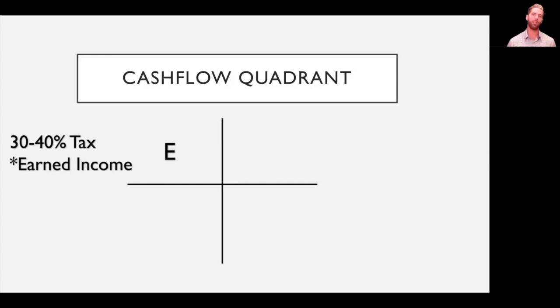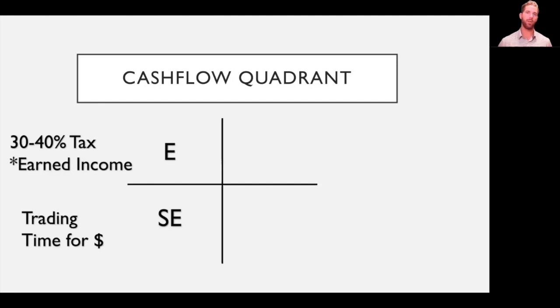Now, also on the left side of the quadrant is the self-employed individual. The difference between an employee and a self-employed person is that this person is still trading their time for money. They might have a few tax exemptions that the employed person does not have. However, they're still trading their time for money, which means if they don't go out and work, they're not going to get paid.